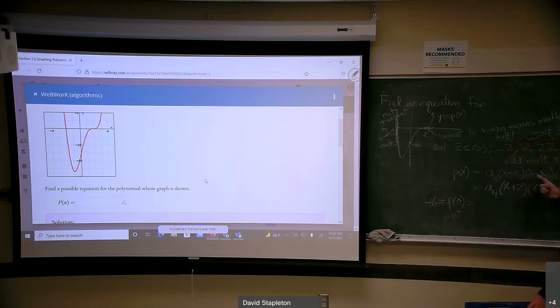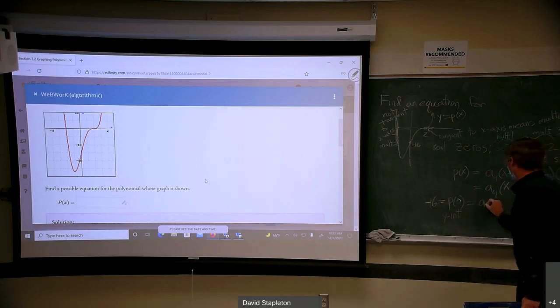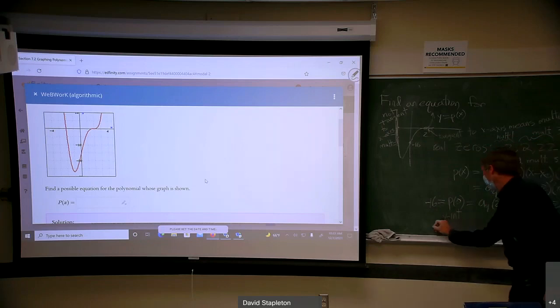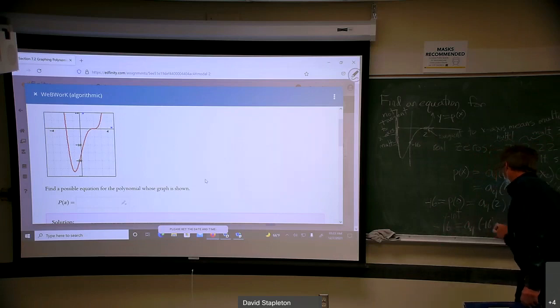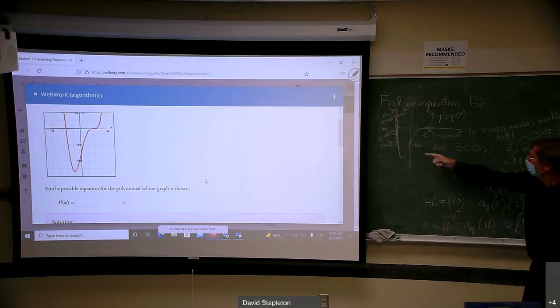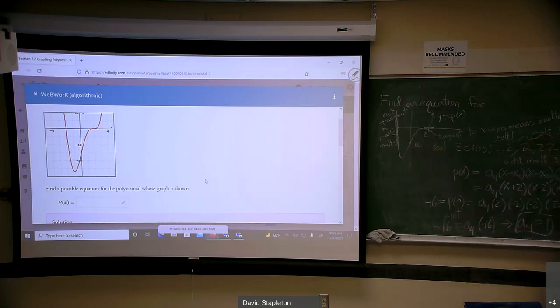And then you plug in x equals 0 on this side, and you get a4 times 0 plus 2, 0 minus 2, 0 minus 2, 0 minus 2. Let's see, that's 2 times minus 8, which is minus 16. So minus 16 equals a4 times minus 16. What should a4 be? Apparently a4 equals 1. So from this y-intercept, we can figure out the lead coefficient.